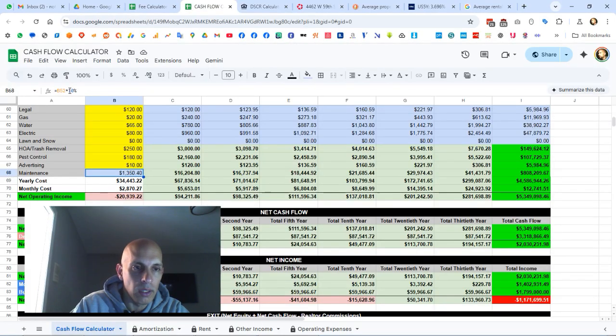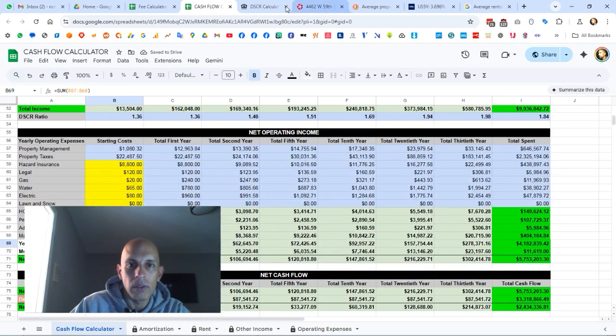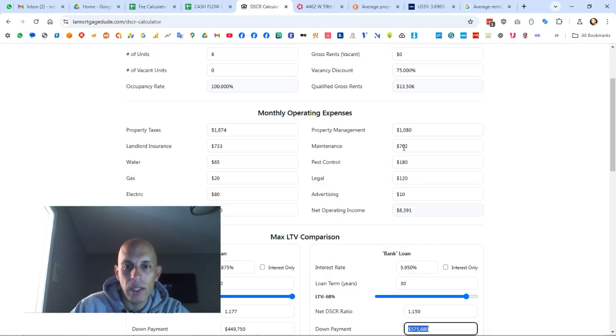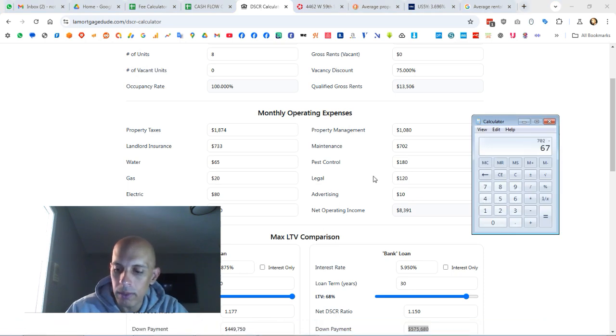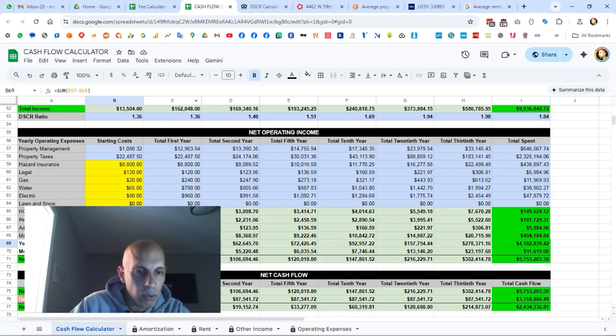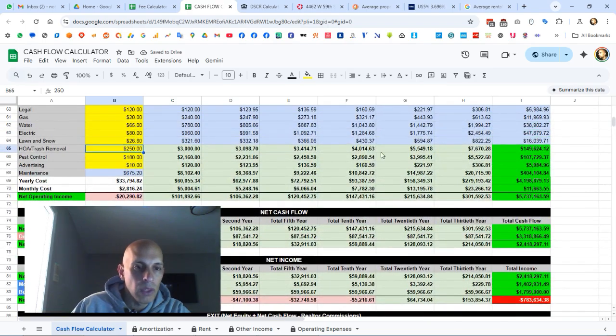So let's see here, let's say I put 5% here, so that's 675.20, right? So 702 minus 675.20, 26.8. So that's what I'm going to put for lawn and snow, 26.8. Again, it doesn't really matter what these numbers are.